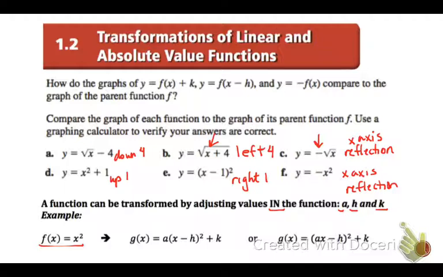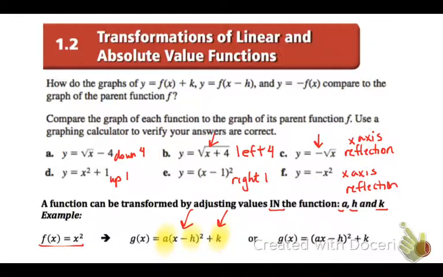You can adjust values, and so you can have A adjust a value. So we know now if that value is negative, then we'll have a reflection. You can add or subtract a value right in by the input, and that's going to move the function left or right. You can also add or subtract a value at the end, and that's going to adjust the graph of the function up or down.